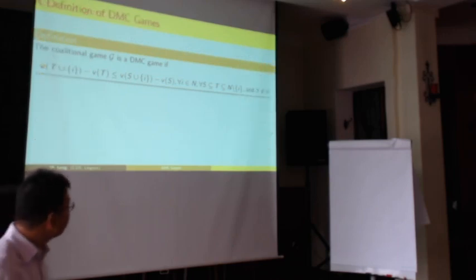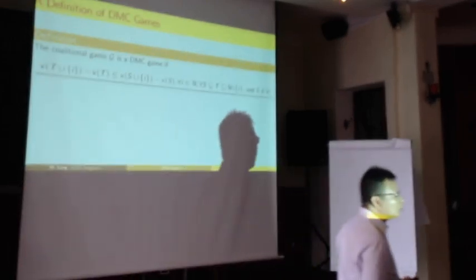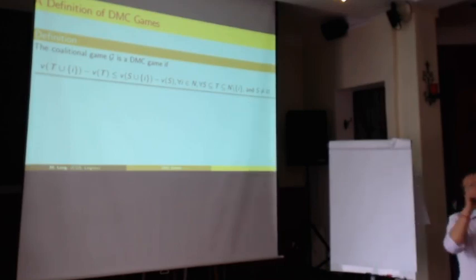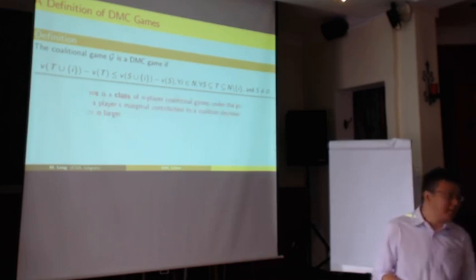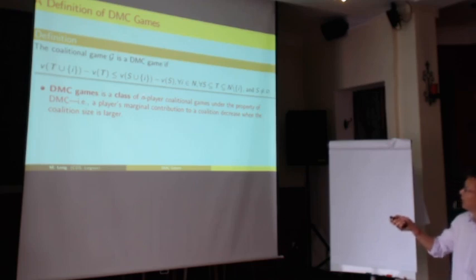Okay. Now this is the definition. What is the definition of diminishing marginal contribution? It means when one player joins a larger coalition, this player's marginal contribution to this coalition is smaller. So this is based on the law of diminishing returns. S is a subset of T, T includes S. This player joins S, so this is the marginal contribution of this person.